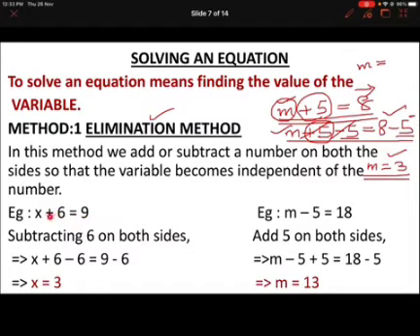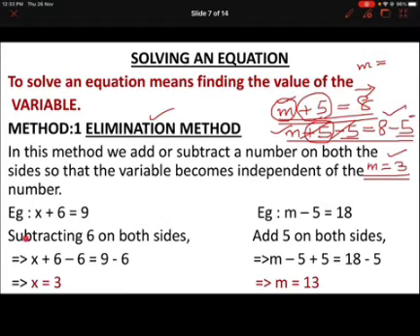So I have to get rid of this 6 which is added. So I subtract 6 on LHS and I subtract 6 on the RHS also. In this method, whatever you do on the LHS, you have to repeat on the RHS also, so that the balance is not disturbed.